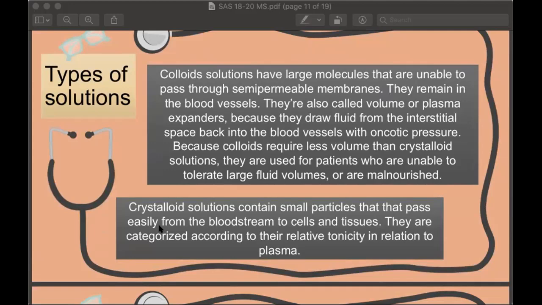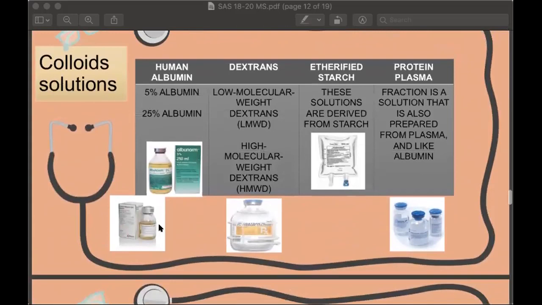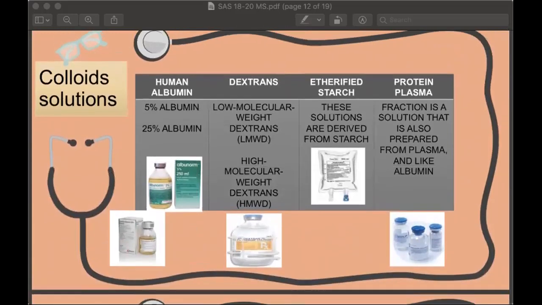Now, let's discuss first your colloids. We have your human albumin, the dextrans, the esterified starch, and plasma protein. In human albumin, we have 5% albumin as well as 25% albumin.